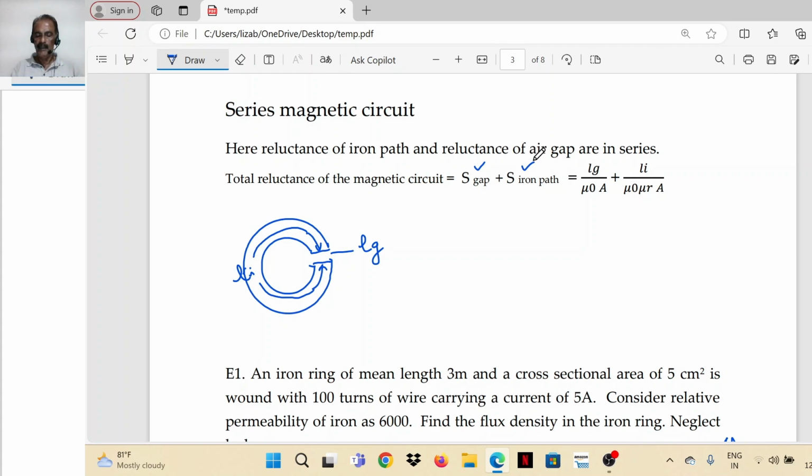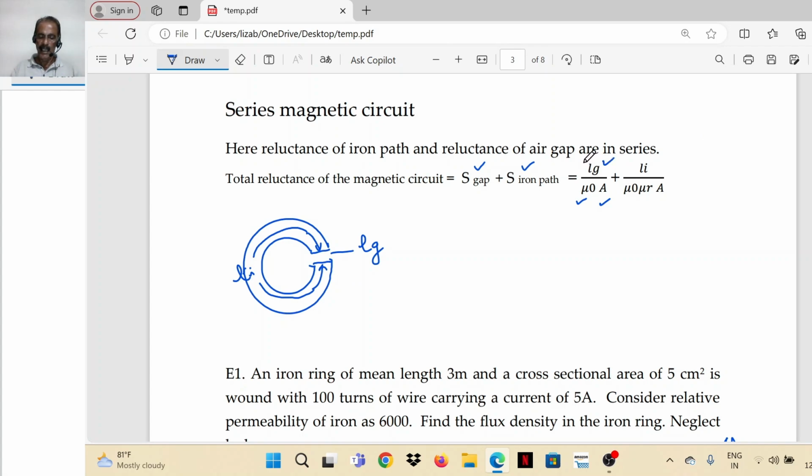The general equation is L divided by mu into A. For the air gap, the length of the path is Lg and its permeability is mu naught. For air, the permeability is taken as the permeability of free space. The cross-sectional area is the same for the core as well as the air gap.